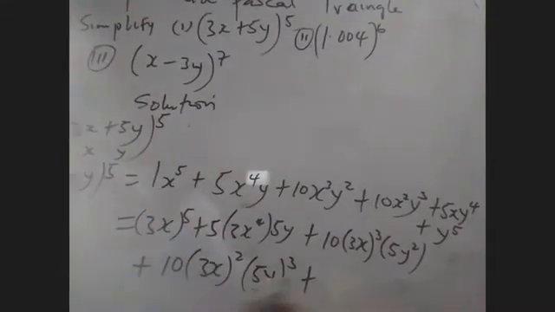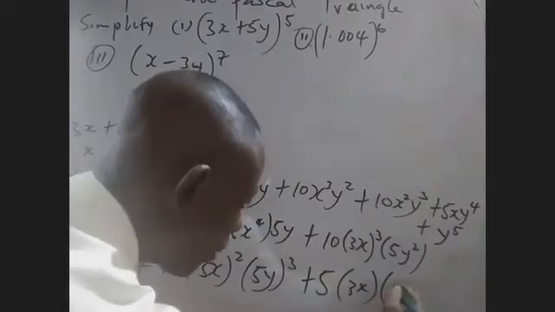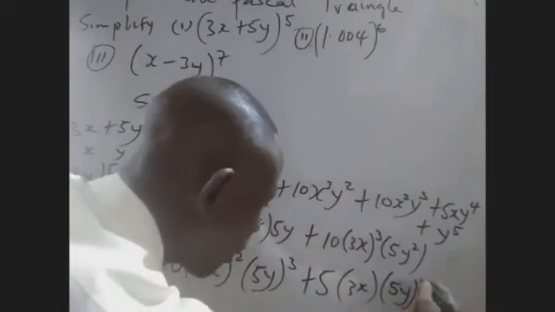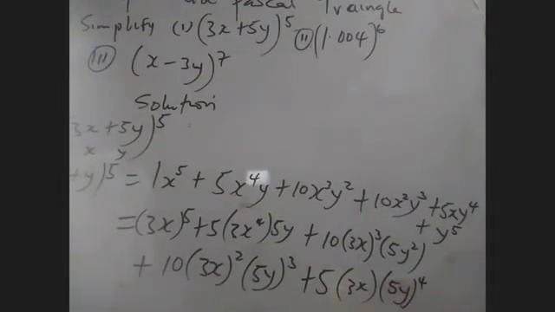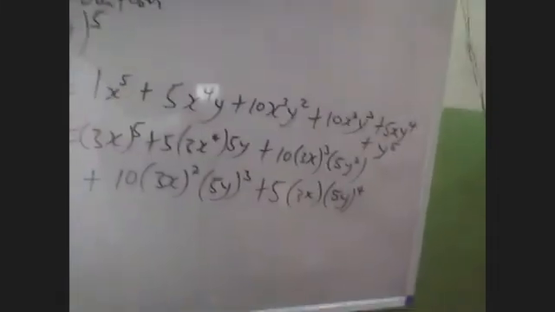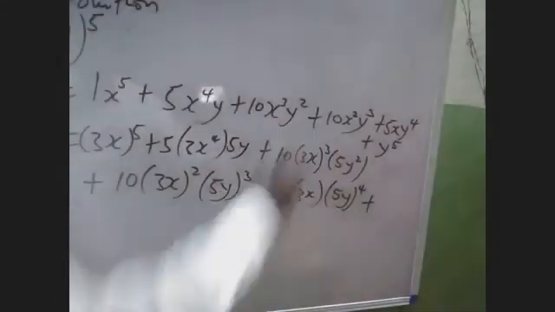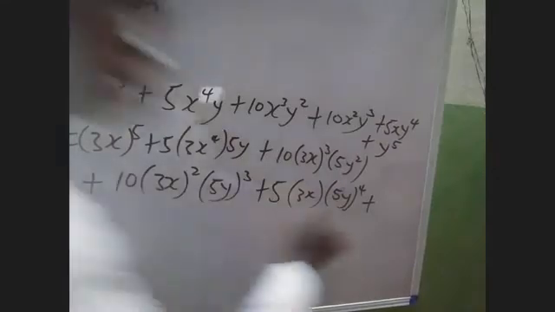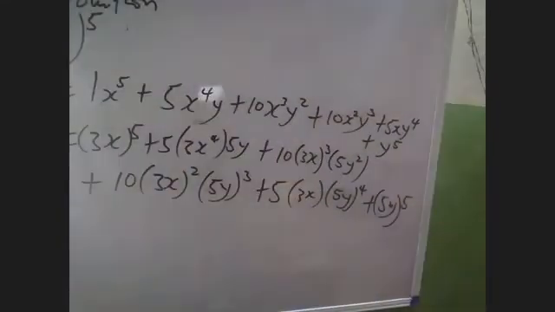Plus the next one is 5 into bracket (3s) bracket (5y) raised to the power of 4. Then finally you have plus, where you have y is 5y, (5y) raised to the power of 5.